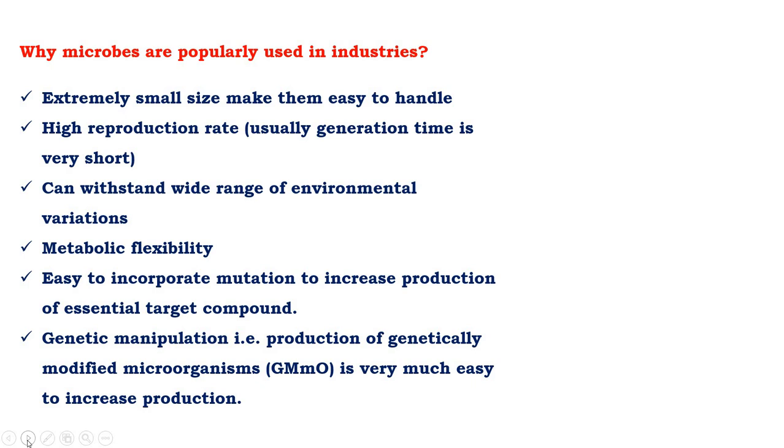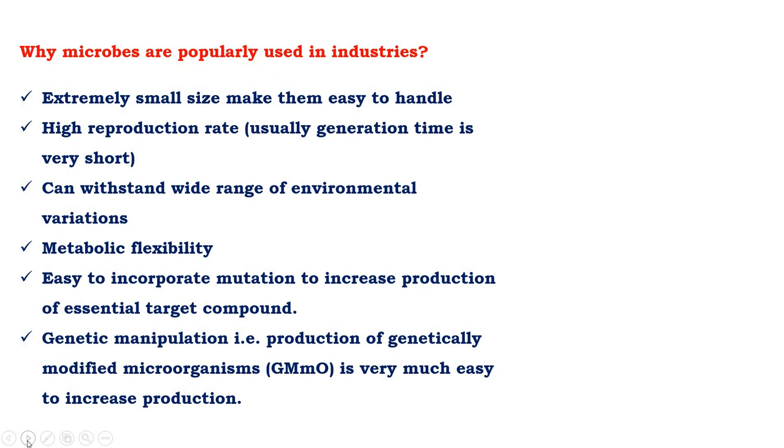But this is not as easy as it sounds. The incorporation of a mutation is easy, but incorporation of a targeted mutation is not easy, and without the targeted mutation we cannot get the desired product at an increased rate. There are several methods of targeted mutation, but that is out of the scope of today's discussion.